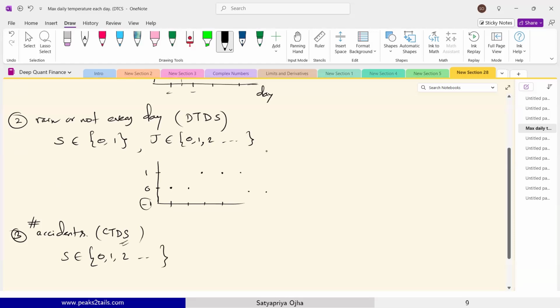You're counting the number of accidents, right? It starts with 0, no accidents, and then keeps counting 1, 2, 3, 4. Although it's an infinite set, it is still discrete. And the time domain is continuous. You can write it as, let's say, R.